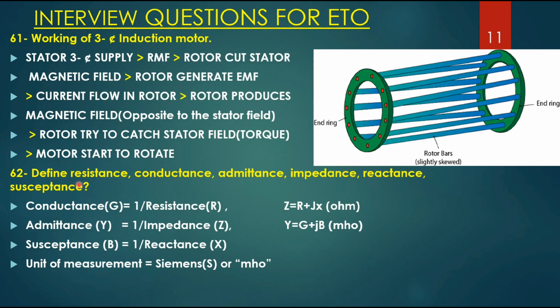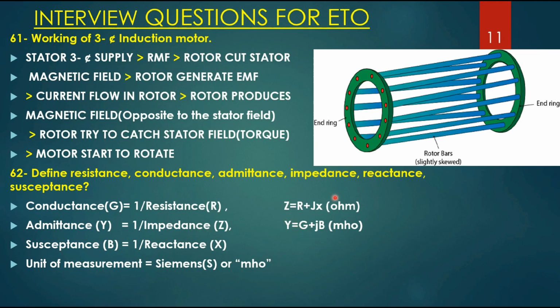Now our 62nd question is the definition of resistance, conductance, admittance, impedance, reactance, susceptance. In simple terms, conductance is the reciprocal of resistance, admittance is the reciprocal of impedance, and susceptance is the reciprocal of reactance. Reactance, impedance, and resistance have units in ohm, and all the reciprocals have units of Siemens or mho.